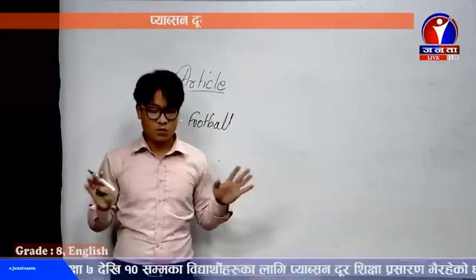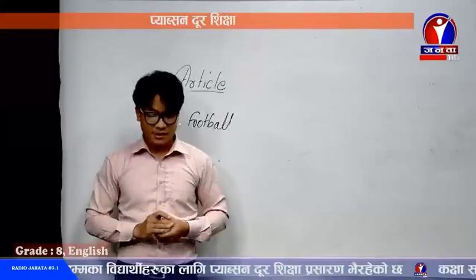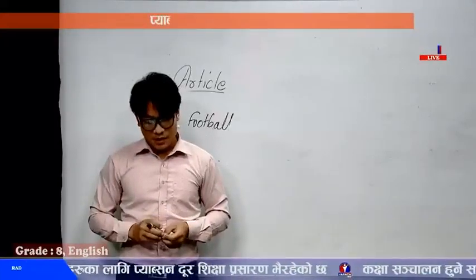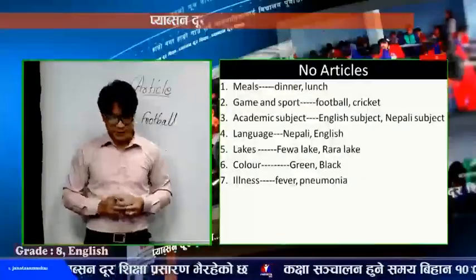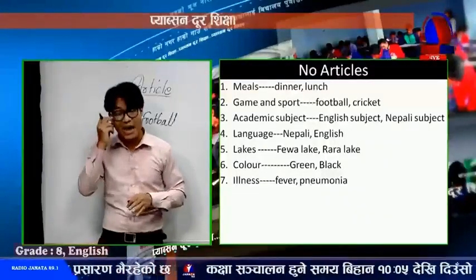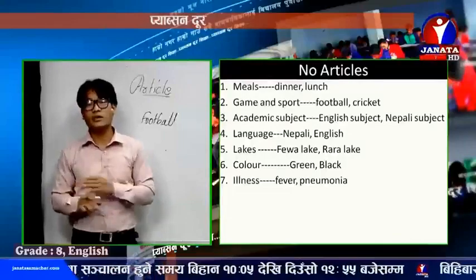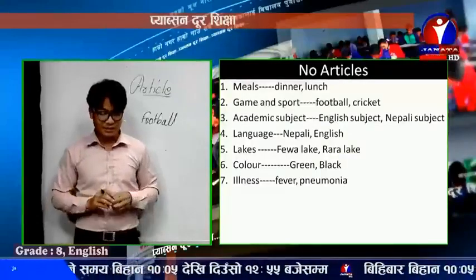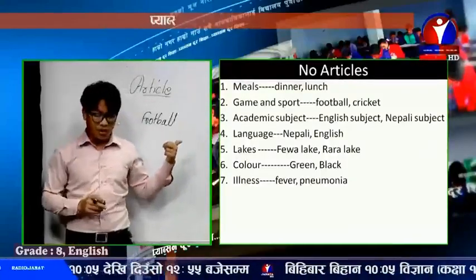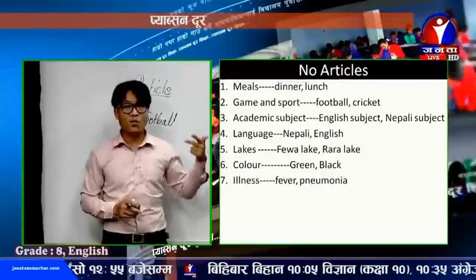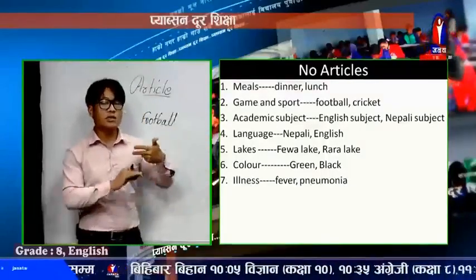With these nouns, we do not take any article. Legs, the name of a leg, we do not use an article, like Fewa leg, Rara leg, Godagori leg. Next is color: green, black, white. With color, we do not use any article.